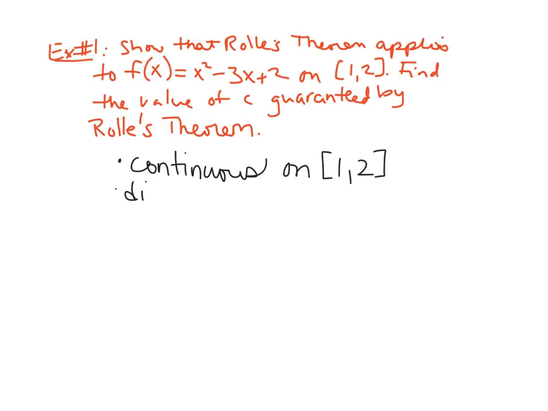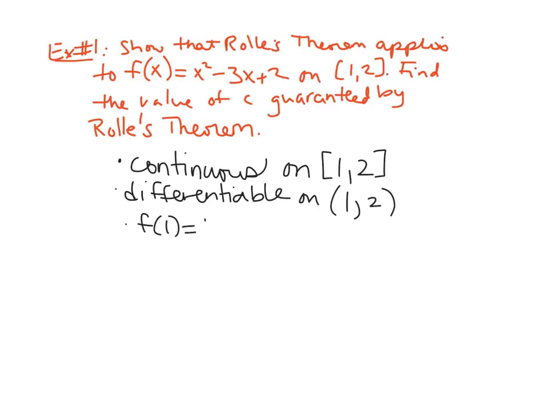The other thing is it's differentiable, and it's actually differentiable everywhere. If you know what this one looks like, it's a parabola, and parabolas do not have any corners or cusps or asymptotes or anything like that. So it is going to be differentiable over that interval. The last thing that we need is we need f of 1 to be equal to f of 2. So those we have to actually check.